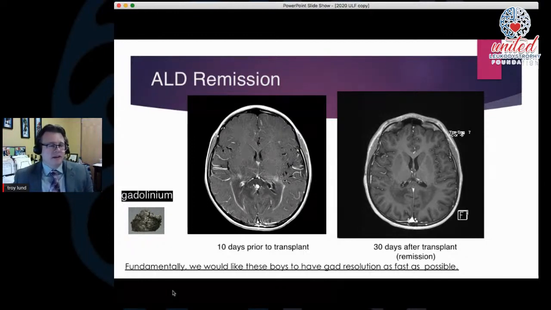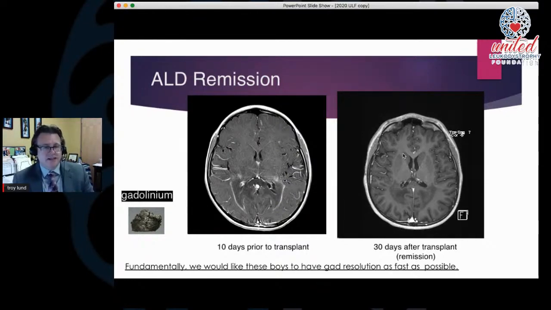Now, fundamentally, we'd like these boys to have this so-called gadolinium resolution, which is the term I'm going to use for this. I'll call it GAD resolution mostly, to have GAD resolution as fast as possible. Like any disease we treat with transplant, we'd like to send the disease into remission as quickly as we can.